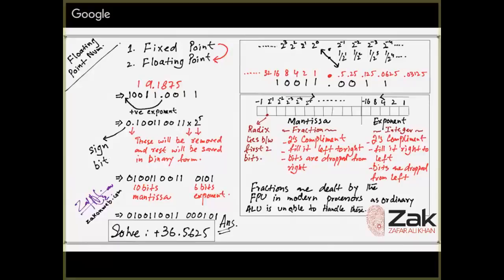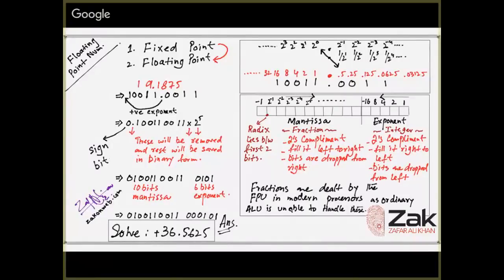We used to have a math processor in older generations of computers, in 286, 386, 486, and then from Pentium onwards they started making the FPU, floating point unit, and they inserted that FPU inside the same jacket as your processor. So now the same processor is harboring the FPU.